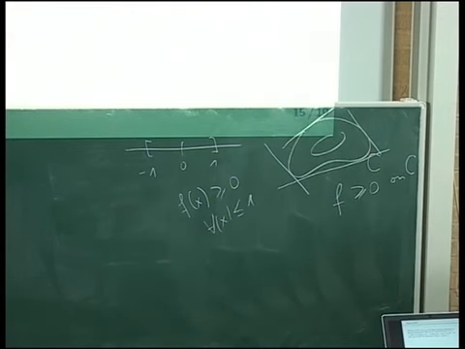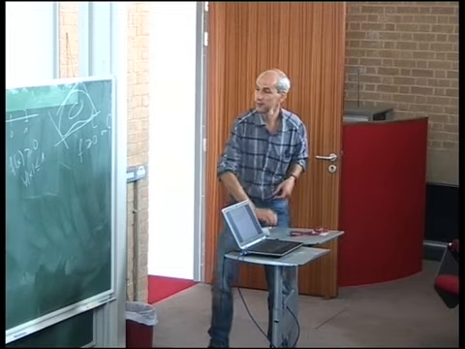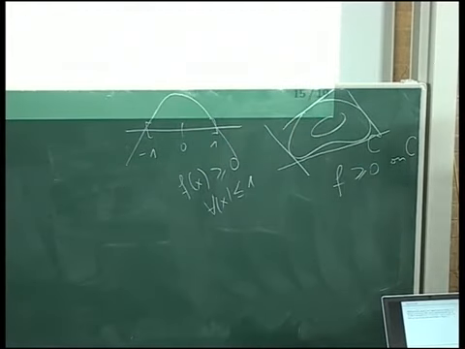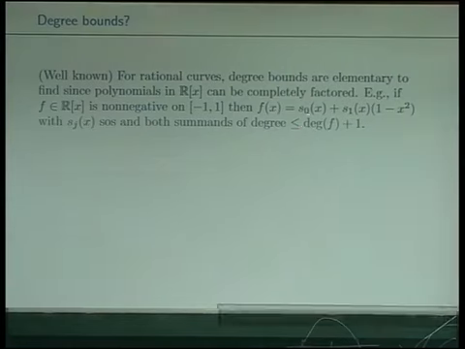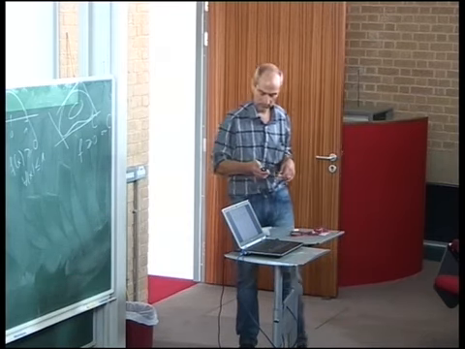They all can be written as a sum of squares plus a sum of squares times 1 minus x squared. So 1 minus x squared is a graph like this, so it's non-negative on this unit interval. It describes this. And so the point is that you have degree bounds on S0 and S1, very easy ones in this case. The reason that it's so easy is that polynomials in one variable can be factored into linear and quadratic ones.